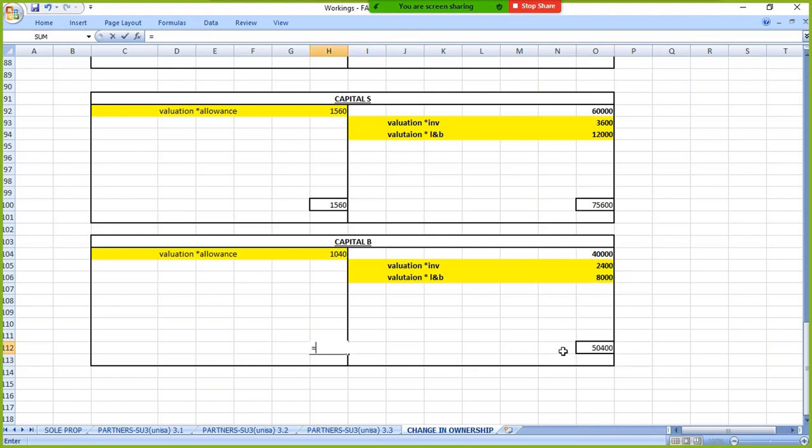Okay, write the total on both sides. Balance brought down, carried down. Okay, and that should be the same as what they've got.